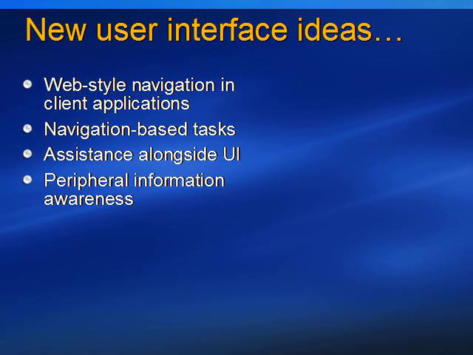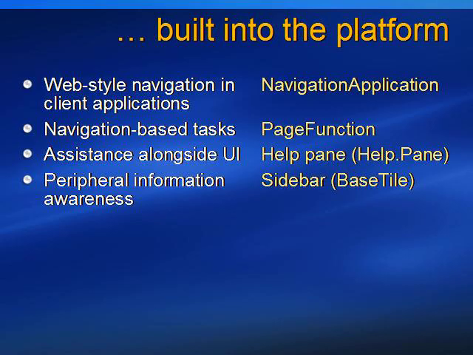So for every idea, we want to have a framework class, a tool, a template, a style sheet, something that takes that idea, gives form to that idea, that makes it easy for you to incorporate that idea into your application's user interface so that you can better satisfy your customers.